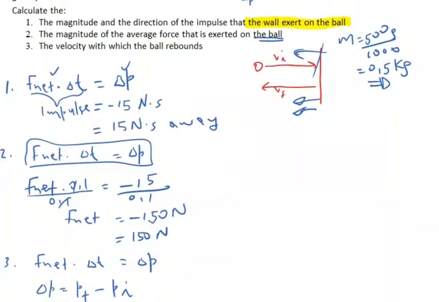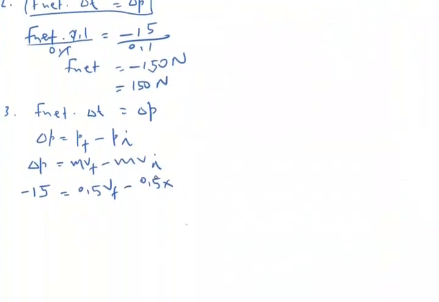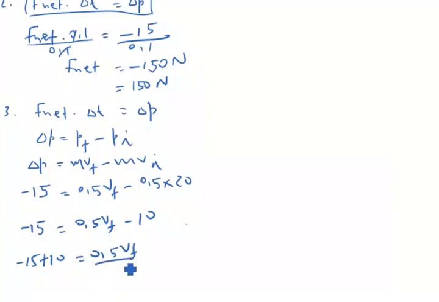So we have negative 15 equals 0.5 vf minus 0.5 times 20, which is 10. Then you transpose 10, you have minus 15 plus 10, which is equal to 0.5 vf. Then we divide by 0.5.